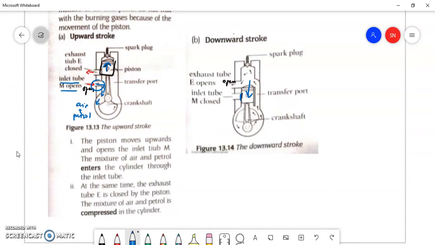So the exhaust gases can be released through the open exhaust valve. You can see here how it's released. So there are only two strokes for the 2-stroke petrol engine.